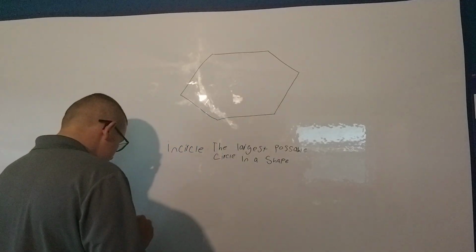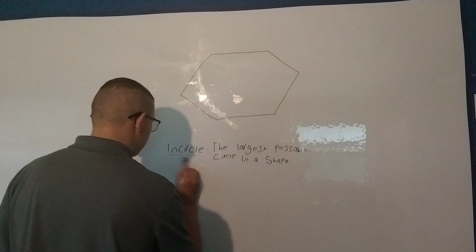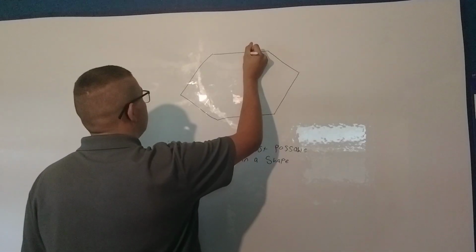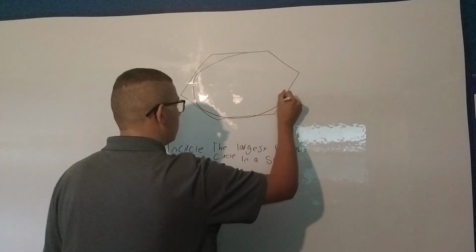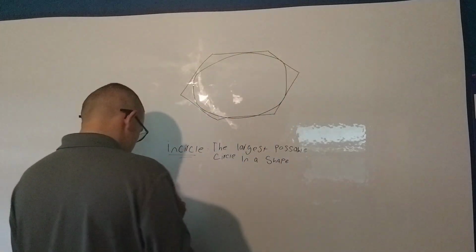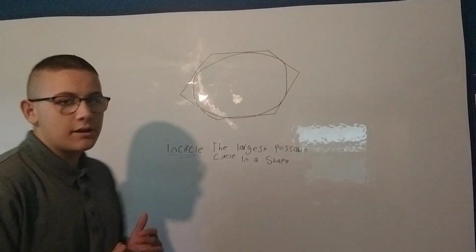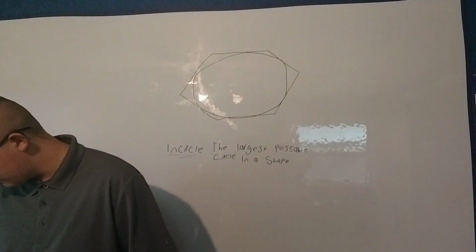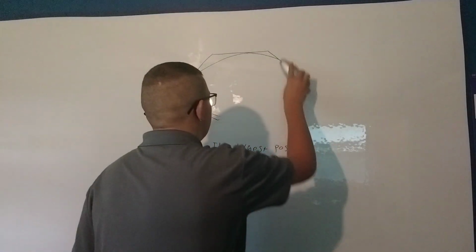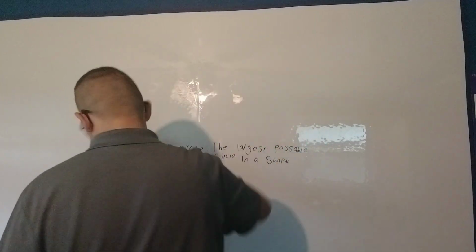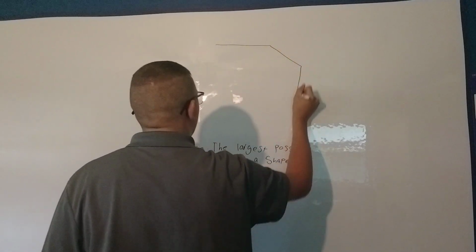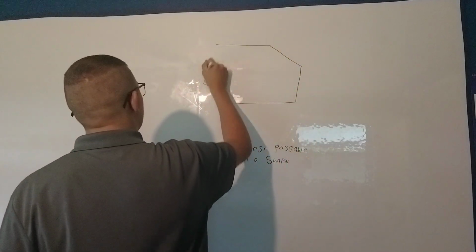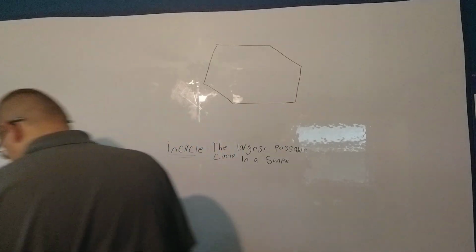And that will be this here, your incircle. Let me get a different color for that, so it's easier to differentiate when reading. That's even worse.